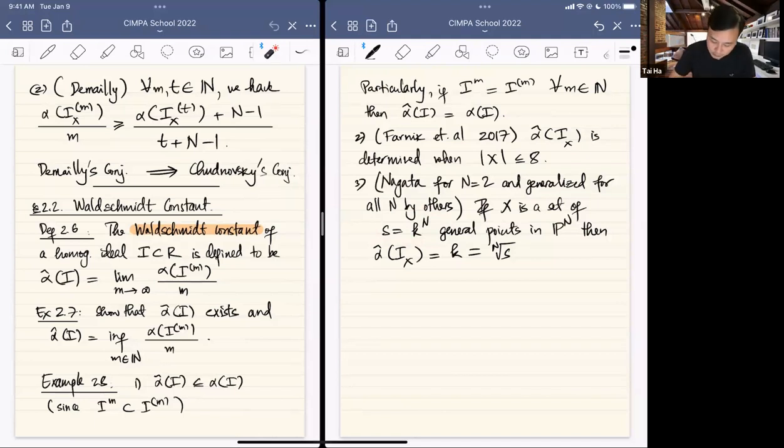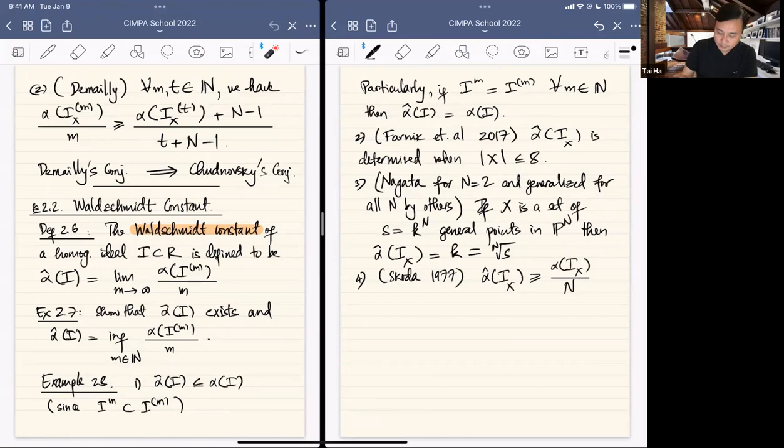Generally, of course, it's very, very open. There's a bound. This is known before Chudnovsky and Iarrobino. It's by Skoda in 1977, where he proved that the Waldschmidt constant of a set of points is always bounded below by alpha of I_X divided by n.